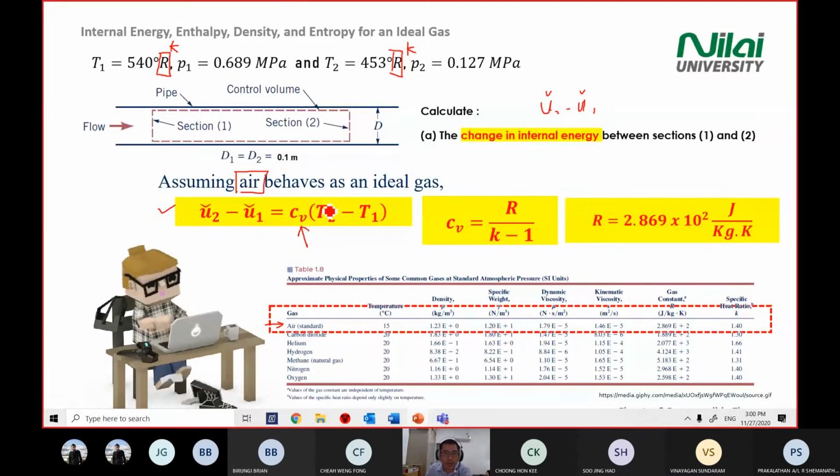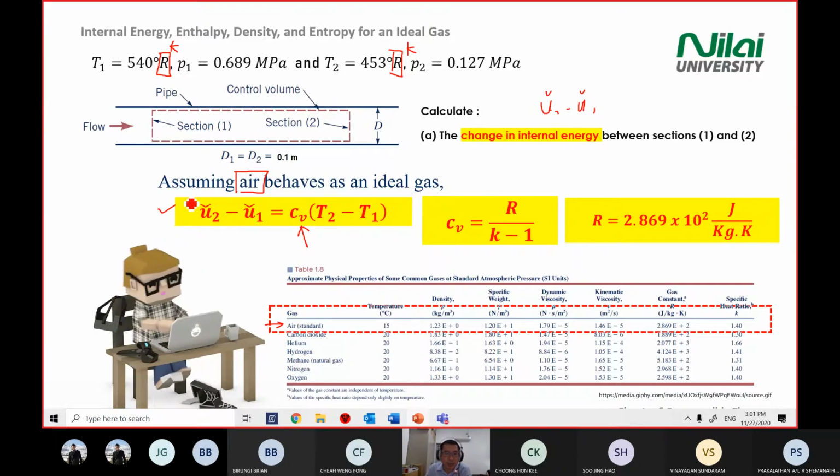In this case we only look at T1 and T2, and we use the value for air, for example K is 1.4. We will use this value in this calculation. You don't need to convert anything. You just plug in the number that you see inside Table 1.8. You understand or not?